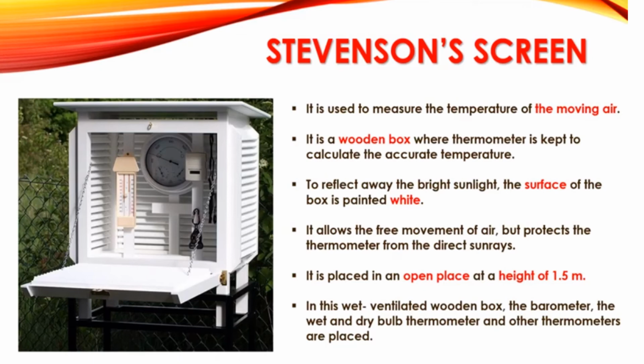It allows the free movement of air but protects the thermometer from the direct sun rays. It is placed in an open place at a height of 1.5 meters. In this well ventilated wooden box, the barometer, the wet and dry bulb thermometers and other thermometers are placed. So children, these are all you can see in this picture.